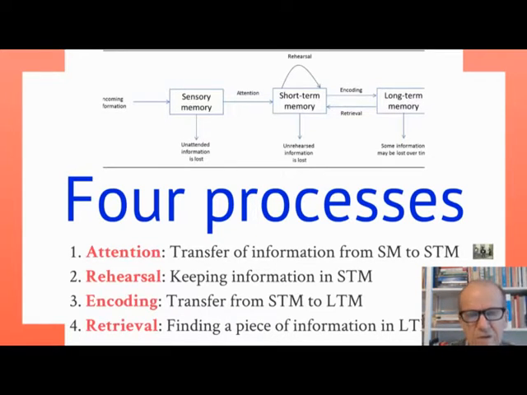retrieved. There is a particular phenomenon which is called state-dependent memory. State-dependent memory refers to the fact that when you encode a particular piece of information, you also encode a lot of information which is available at the time of encoding and at the place of encoding.